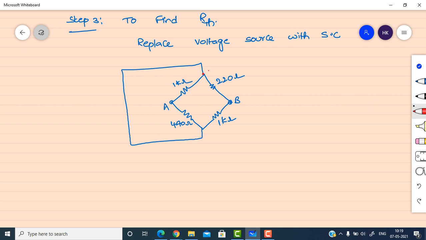So let us assume this is C and this is D point. This is A and this is B. Now find out R Thevenin and tell me. Let me see, any one of you will tell the correct answer or not. This type of circuits we did already.